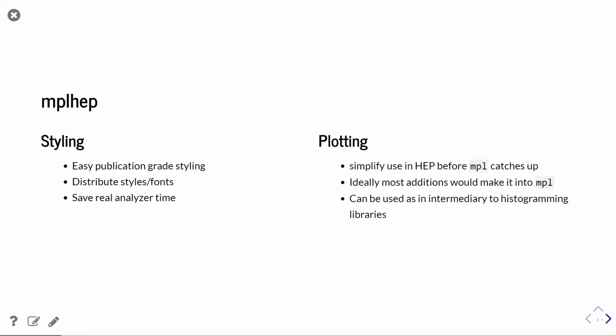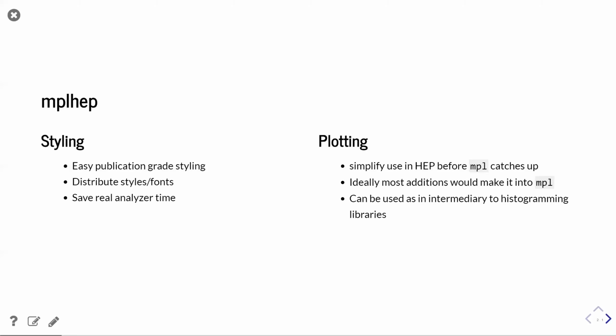And then secondly, because currently Matplotlib does not support histogram plotting very natively, because I suppose until recently there weren't many use cases where one would expect the histogramming to take a long time. So we have some functions to facilitate that.